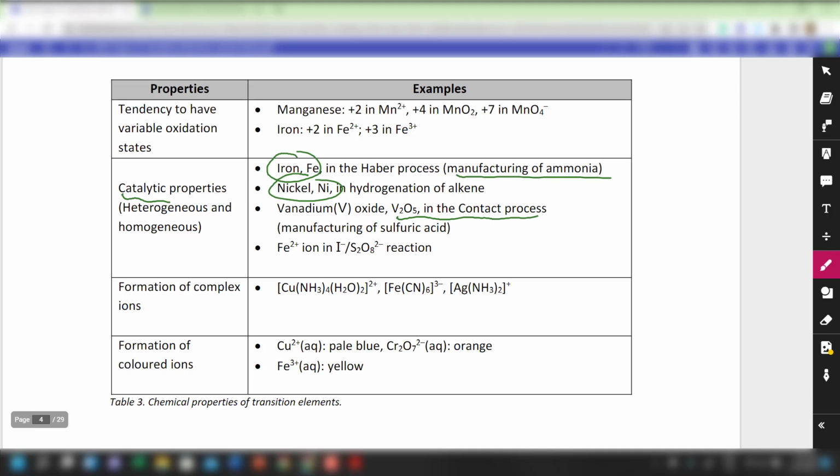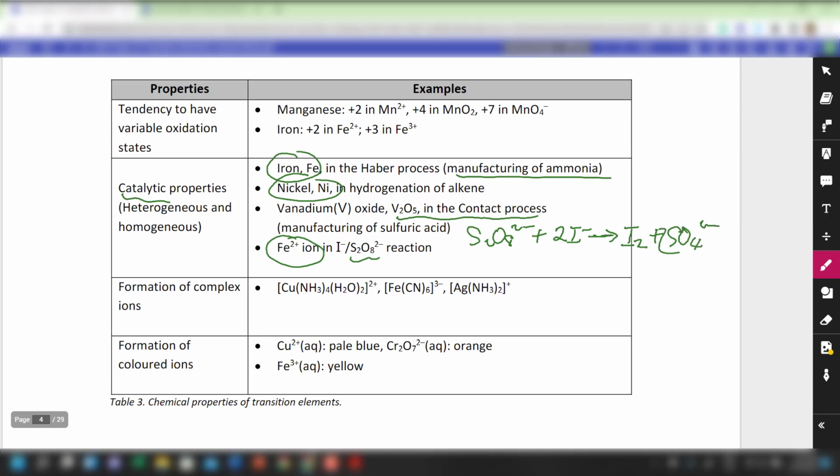Iron(II) aqueous ions can be used as a homogeneous catalyst, because peroxydisulfate is a very strong oxidizing agent. Technically, peroxydisulfate is able to oxidize iodides directly into iodine plus 2 SO4 2- ions.